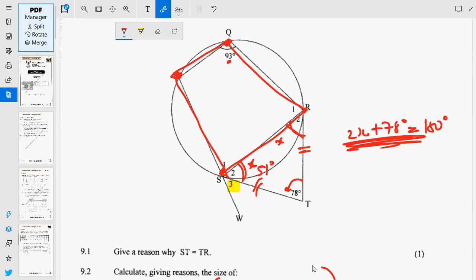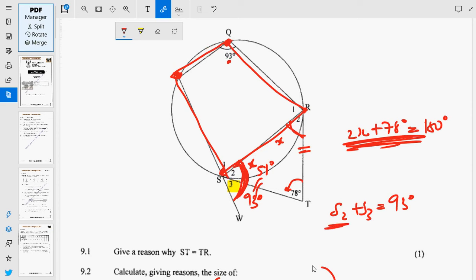Remember, the exterior angle of a cyclic quad is equal to the interior opposite angle. So this whole angle here is 93. That means S2 plus S3 is equal to 93, and you're going to give the reason: exterior angle of a cyclic quad is equal to the opposite interior angle.